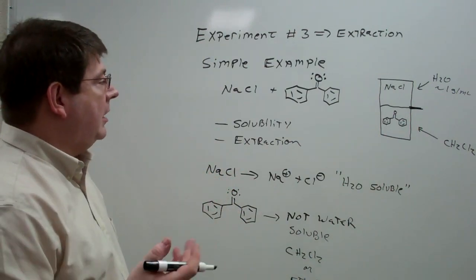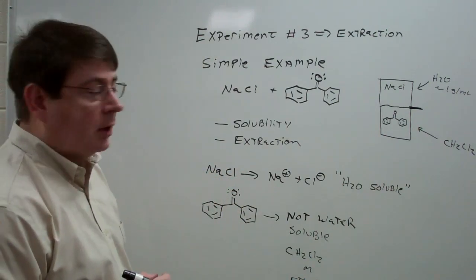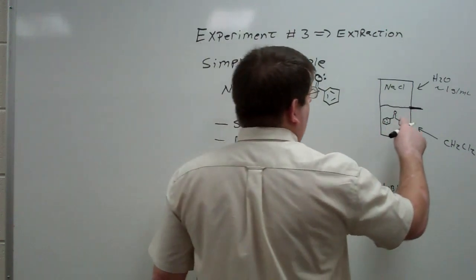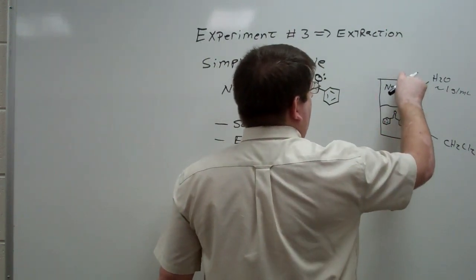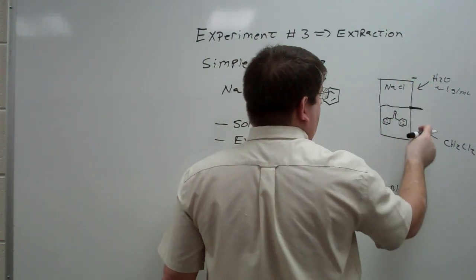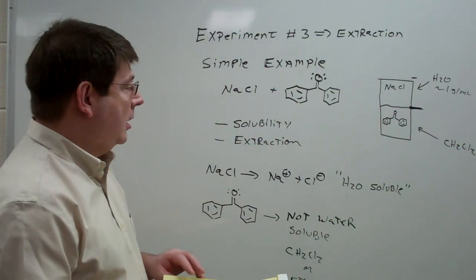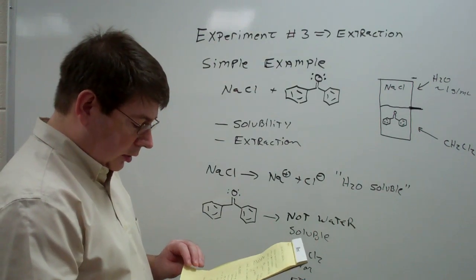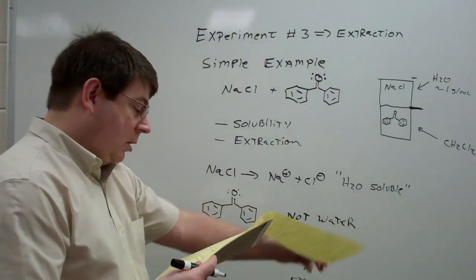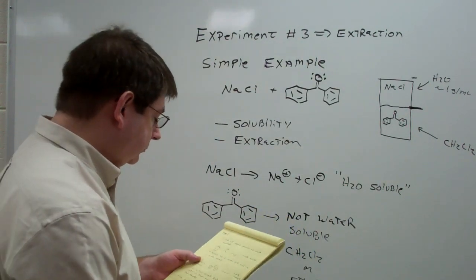Then I would take maybe 10, 15 additional milliliters of water, put it in there, and what we would notice is that the water layer would get bigger in volume and the organic layer would stay the same. That would tell us which layer is the water layer and which layer is the organic layer. So there are two ways to determine which layer is which.